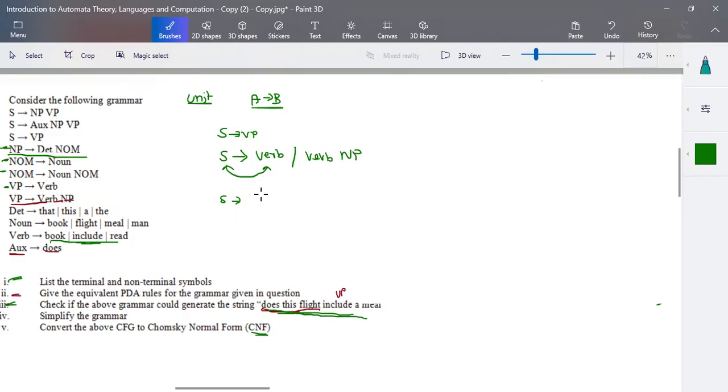You can write it as S tends to book, include, read, followed by verb and NP. Okay. So this unit production is removed. So this is the final production after removing this unit production. I'll just cancel it out. Okay. And next you have norm tends to noun.